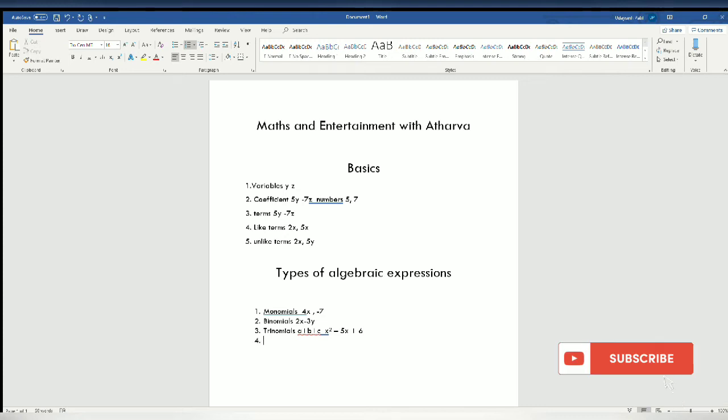Now fourth, polynomials. Polynomials have more than three terms in them.